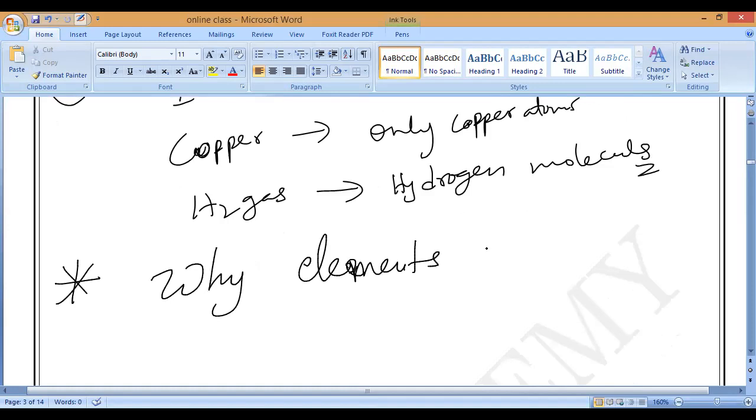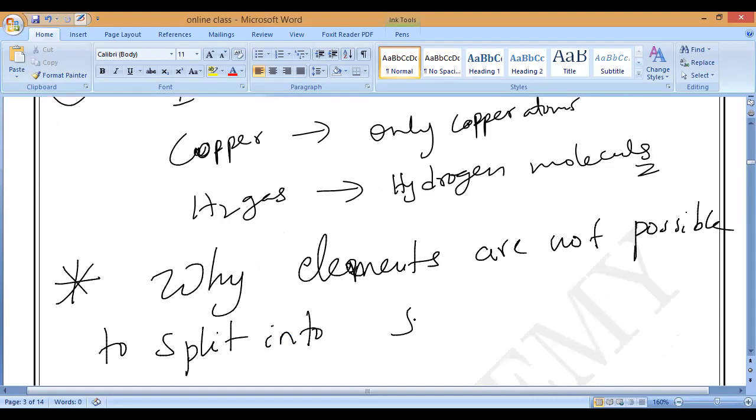Elements. Why is it not possible to split elements into simple substances? Vaira, what is the reason?